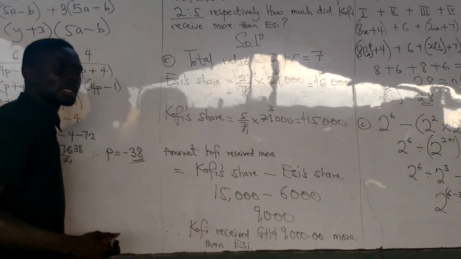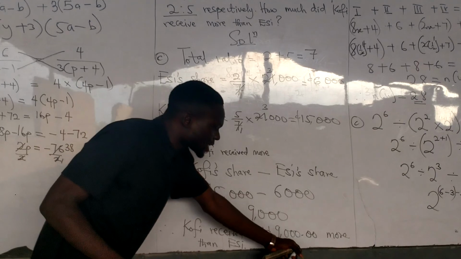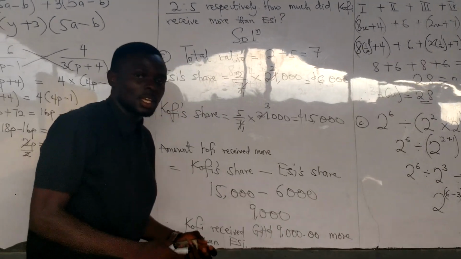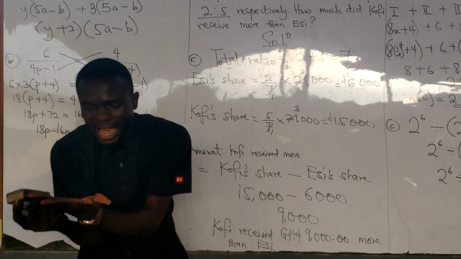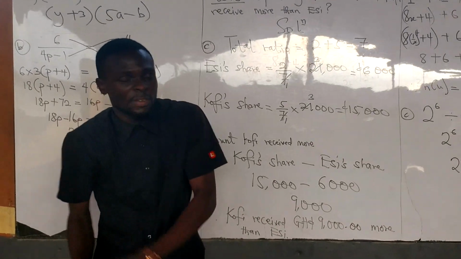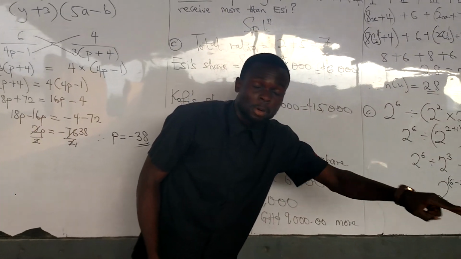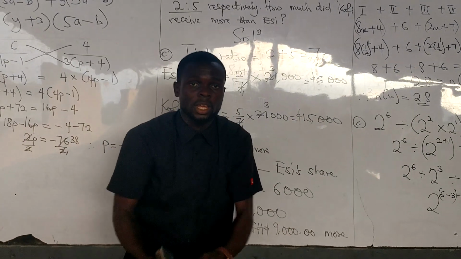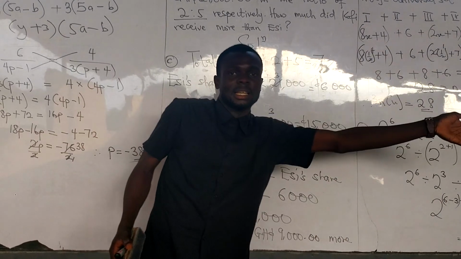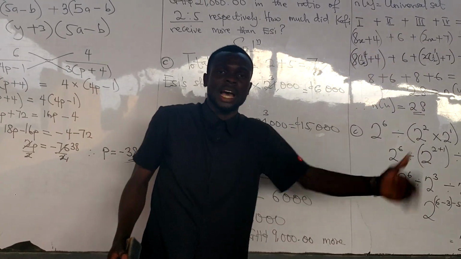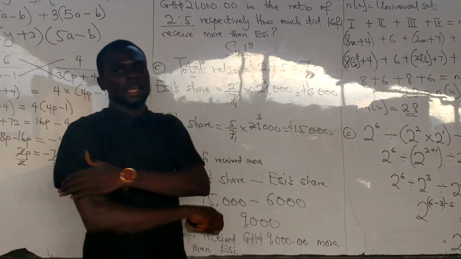This is the answer, or this is what the question is asking for. It means if you take Kofi's share and you take AC's share, the amount AC is holding, if you deduct it from Kofi's share, whatever you get as an excess is what Kofi had more than AC.